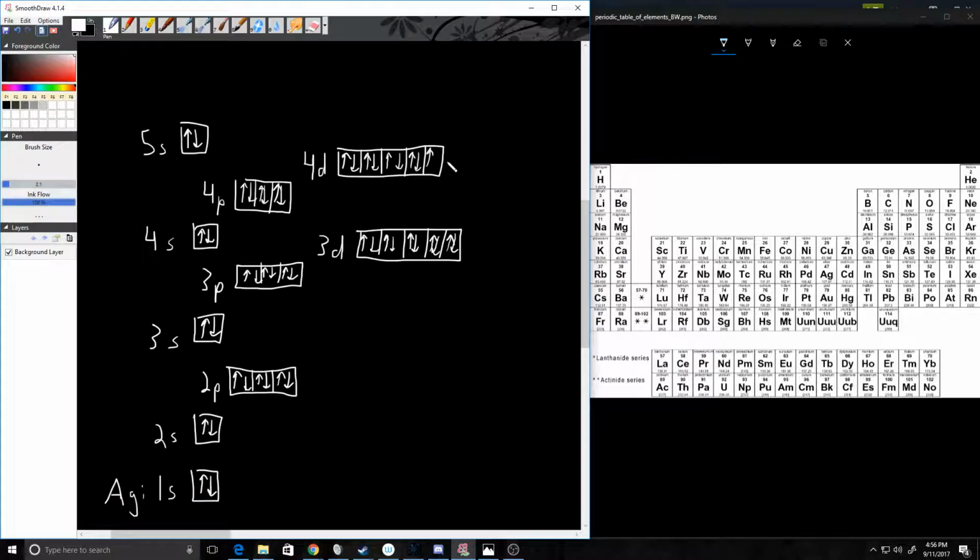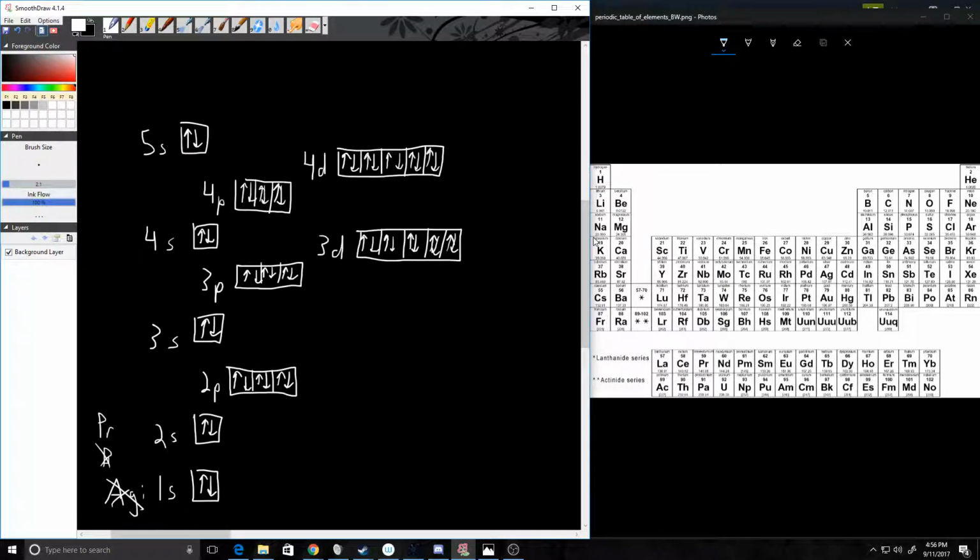With the f's, essentially, let's say instead of doing silver, I was doing promethium, Pm. Okay, so now it's going to look pretty much the same.